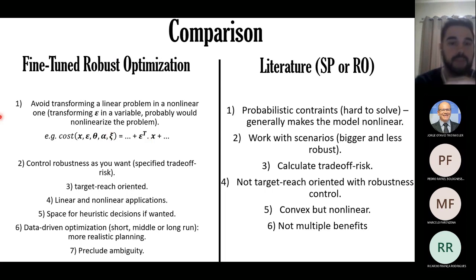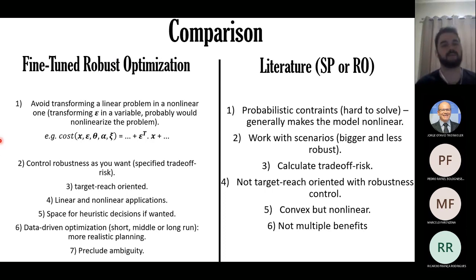It's a big problem because if you let it be a variable, you are going to transform your linear problem into a nonlinear one. So we don't do this, okay? It won't make your model more robust. On the other hand, it will make your problem less robust, so this is a big problem.